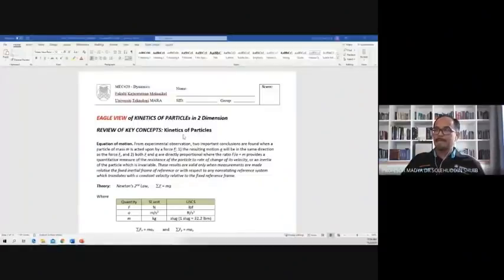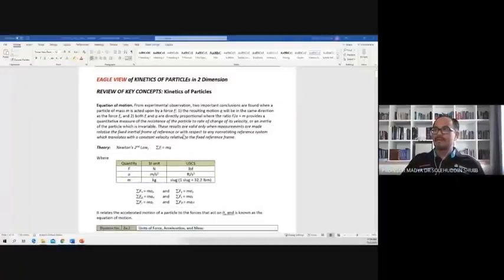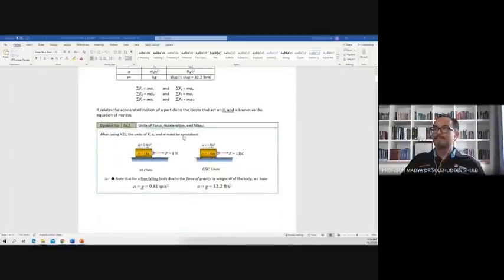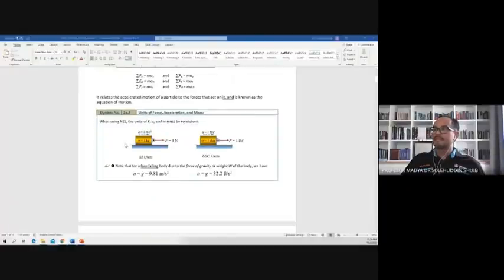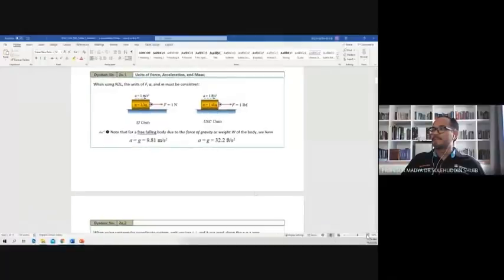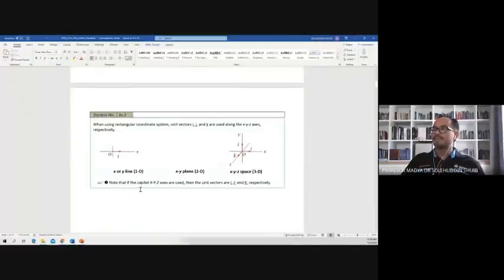Over here you have the review of key concepts of kinetics of particles, and then the units of force, acceleration, and mass, and these are the unit vectors that are used.